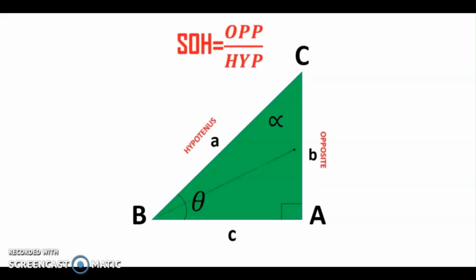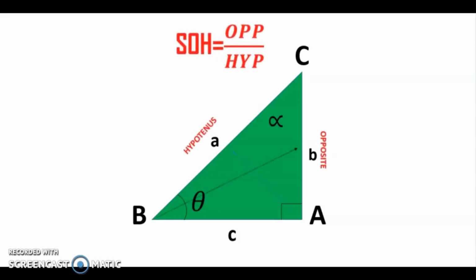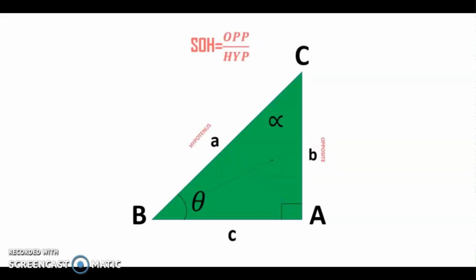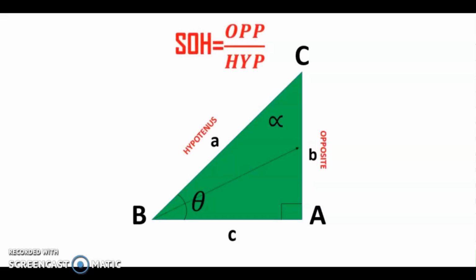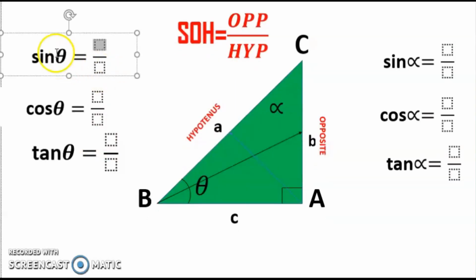And our opposite, according to this diagram, is B, small letter B, while the hypotenuse is small letter A. So since we have known our SOH to be opposite over hypotenuse, we are going to substitute B and A.